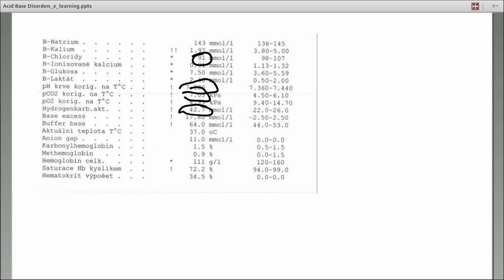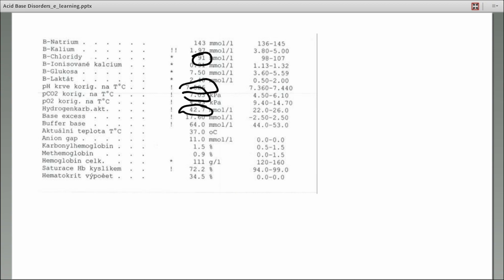What does aldosterone do? You probably remember that it retains sodium in exchange for potassium in the kidneys, but it exchanges not only for potassium but also for protons. So it leads to losses. When you have high aldosterone, it also leads to loss of protons into the urine.